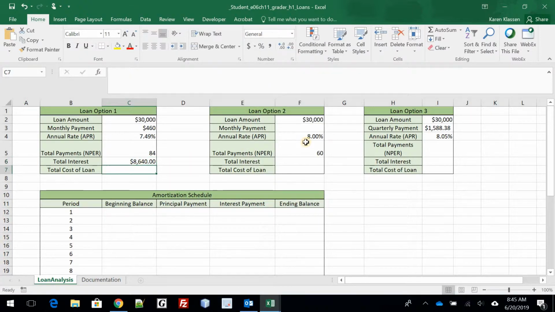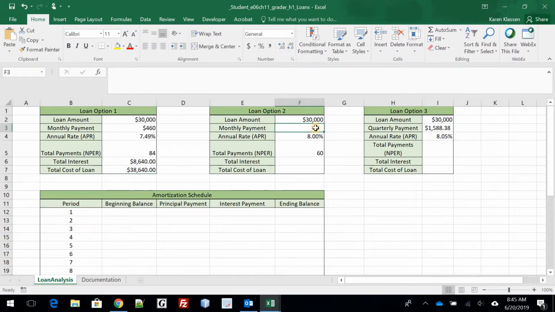And then the total cost of the loan is really just the loan amount plus my interest. So on a $30,000 loan, you're paying $8,000 in interest over a course of 5 years, I think. 6 years. I don't know. Anyway, 84 divided by 12, whatever that comes up to.